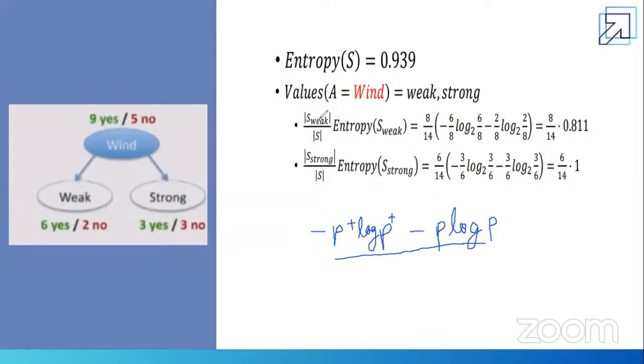Okay. So here we have the observations in S weak by total observations in the sample, multiplied with the entropy of S weak. So let us go to weak. In weak we have 6 yes and 2 no. Out of 8, how many samples do we have in yes?